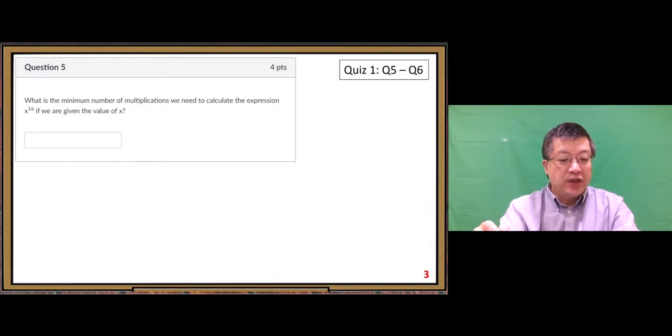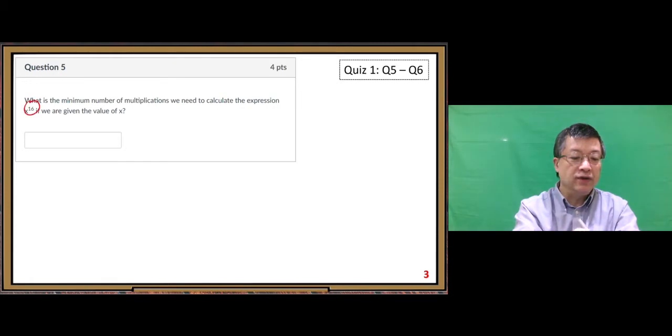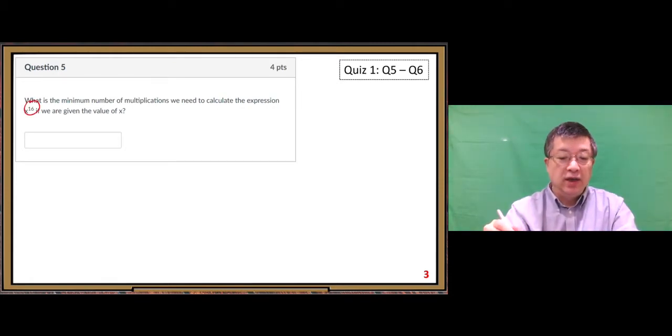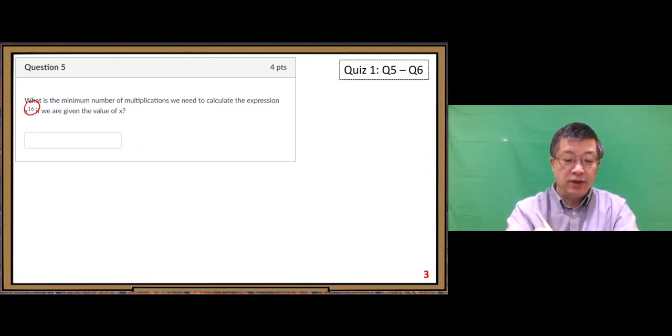Question 5. This time we need repeated squaring. Power of 2. See? How many multiplications? Minimum number of multiplications. So we keep doing that. x times x, you need 1 multiplication, right?